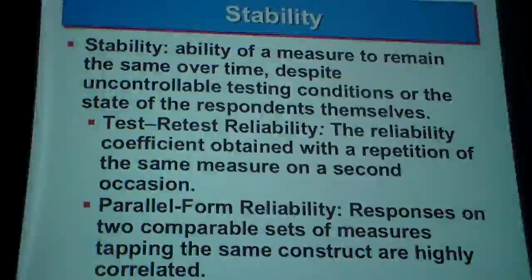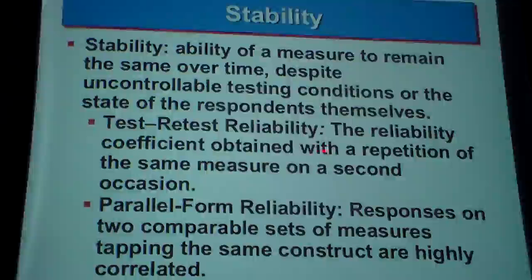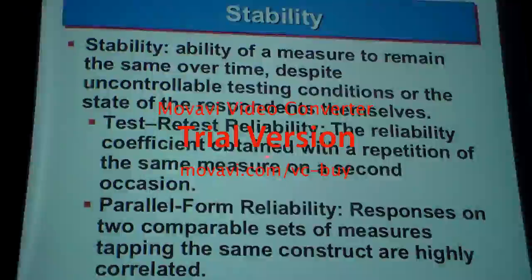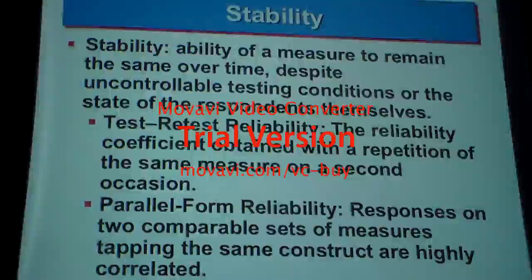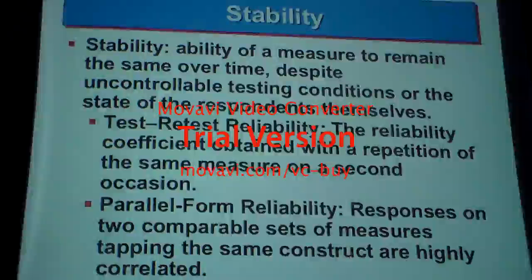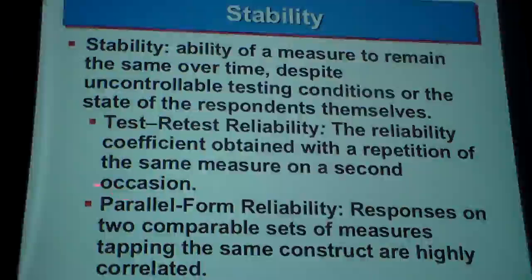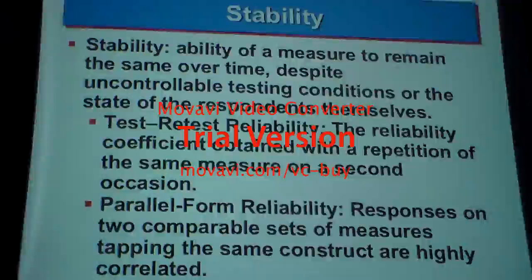Retest means we repeat. We make it on the first occasion and then on the second occasion we repeat it and we get the reliability coefficient. This reliability coefficient, obtained twice, is called test-retest reliability.